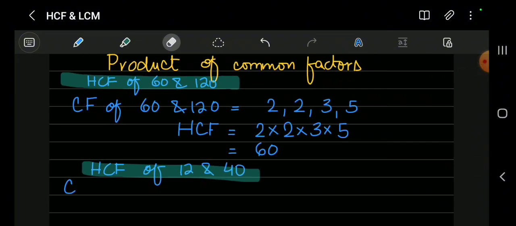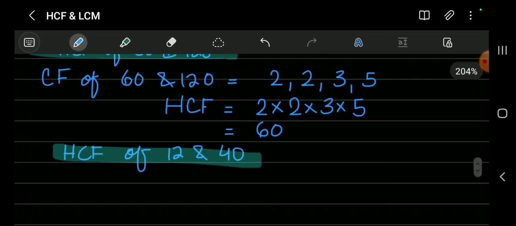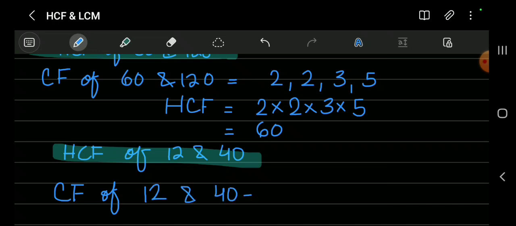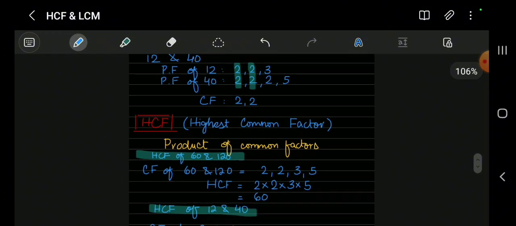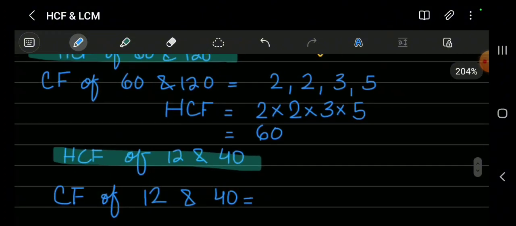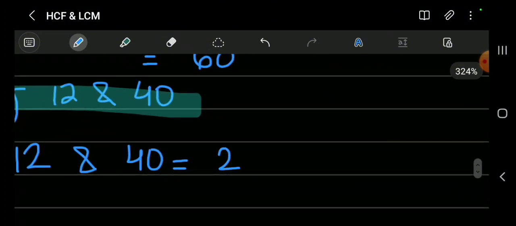No problem. When we need to find the HCF of 12 and 40, first we need to write the common factors that we found by tree method or by division method. So common factors of 12 and 40 are 2 and 2.